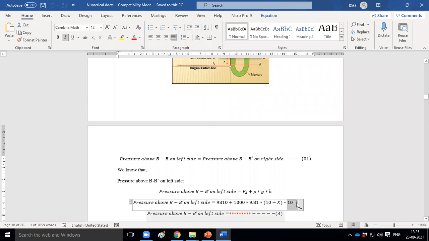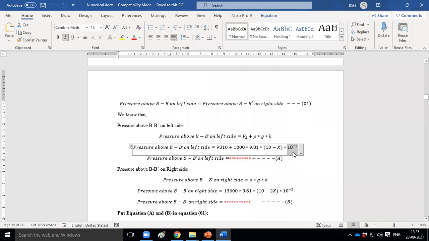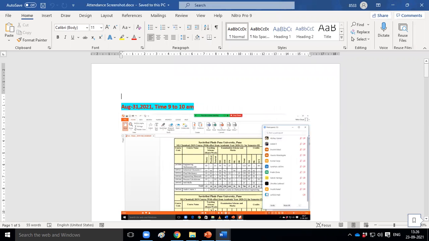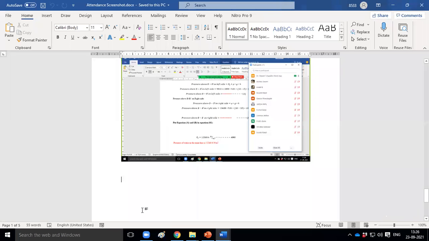Why is this 10 to the power minus 2 multiplied here? Centimeter to meter conversion. Yes, conversion from centimeter to meter. That's why we need to multiply by 10 to the power minus 2. You can simplify it and tell me what will be the left side pressure.